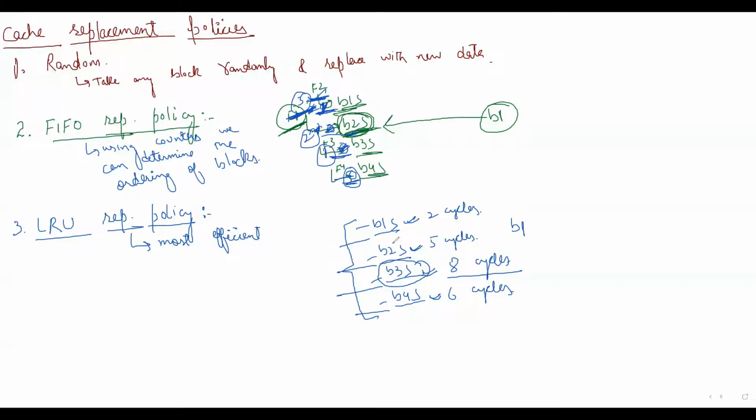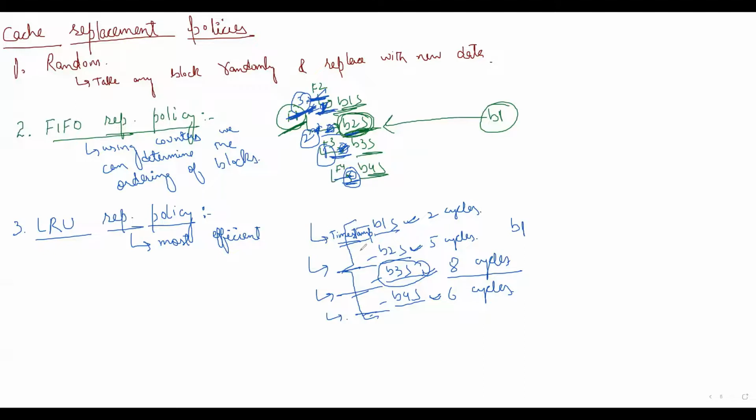What we can do is, whenever a block is used, let's suppose my processor is using this currently, I will add a timestamp in its tag entry, the current timestamp. Likewise, everyone will have a timestamp. And whenever I have to replace anyone, I will check their timestamps. Whoever has the earliest timestamp, that one will be replaced.